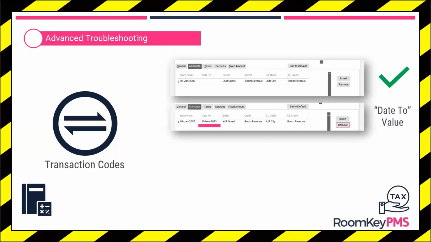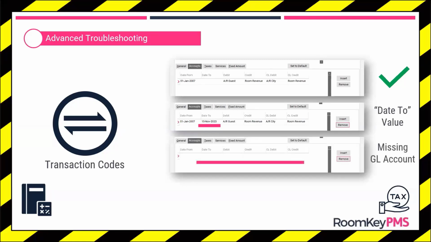This is going to cause an issue because if you have a transaction code with a date to, it means that revenue stops crediting or debiting those accounts as of that date. So if I was to use this transaction code after November 10th, I would have revenue that is recorded as a transaction, but I don't have any debits or credits or anywhere to put that revenue. So it actually appears as unknown revenue in the database, and that can cause balancing issues.